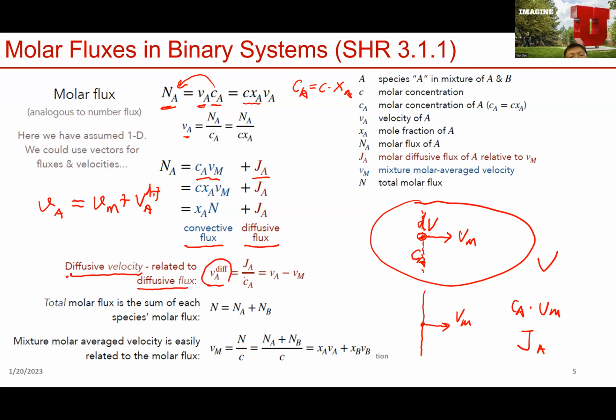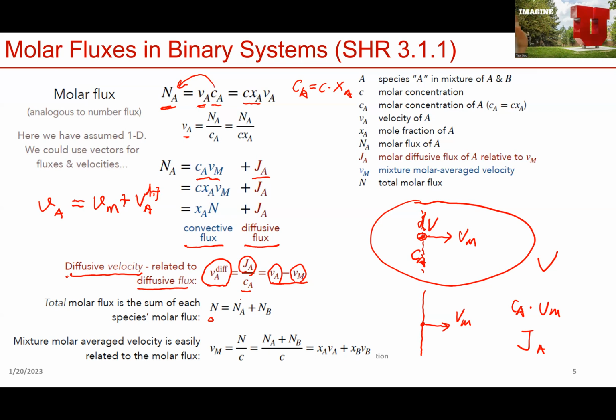We cannot really measure the diffusive velocity, but conceptually, because the diffusive velocity contributes to the diffusive flux, we can compute it by dividing the diffusive flux by the concentration of A. And that should be, by definition, the difference between the total velocity of species A minus the fluid average velocity, Vm.